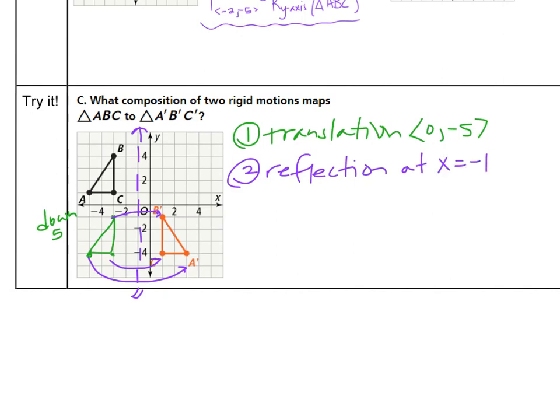And that would reflect the green dot for A over to A prime in red, B up top to B prime, and then C over to C prime.